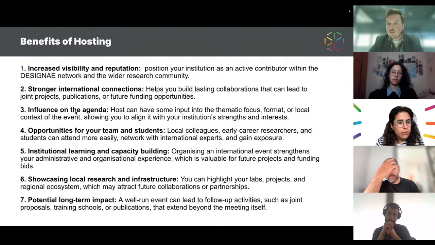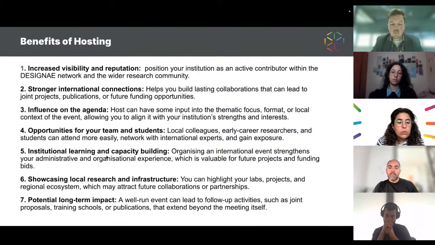You can also influence the agenda of that specific meeting or workshop and align it to the strengths and interests of your own institution. There are opportunities for your team and your students, so all local colleagues, researchers, and students can attend these workshops or meetings more easily.